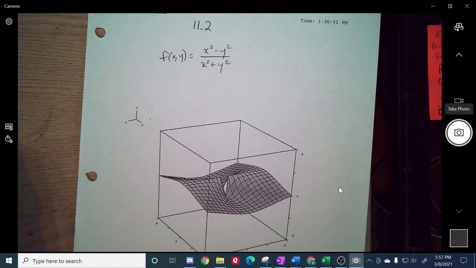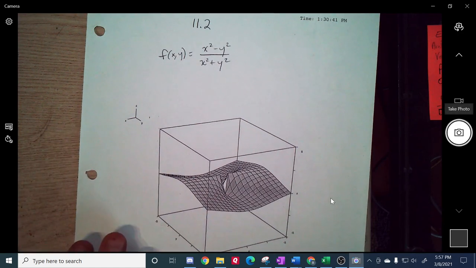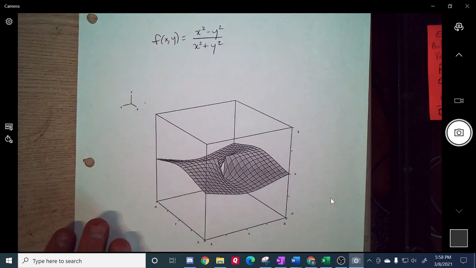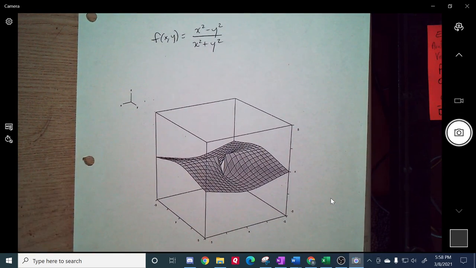Alright, here is an image of this graph, and it's a nice surface except around the origin.